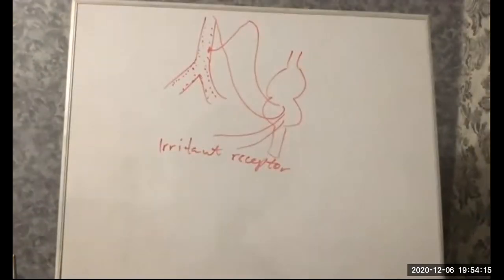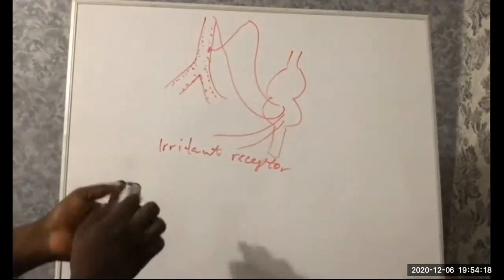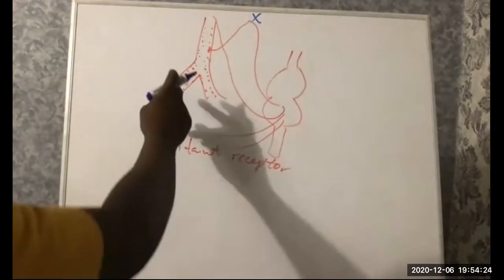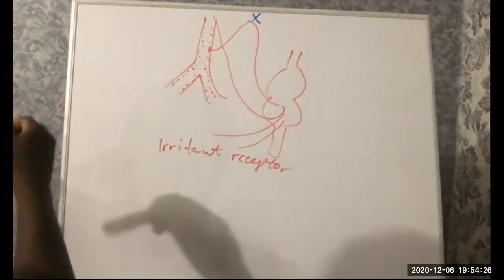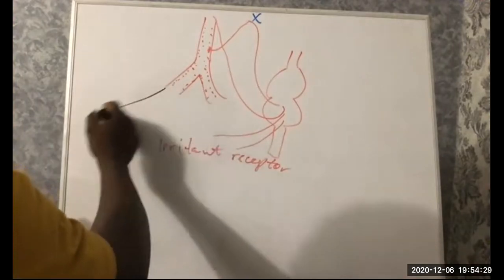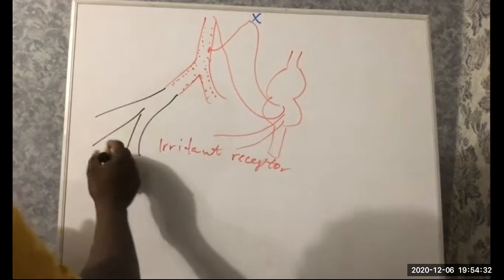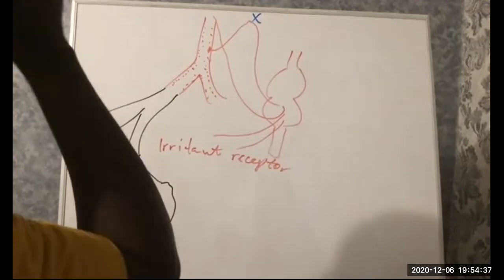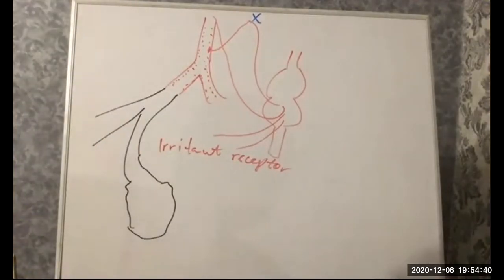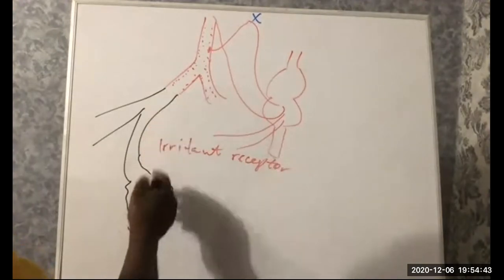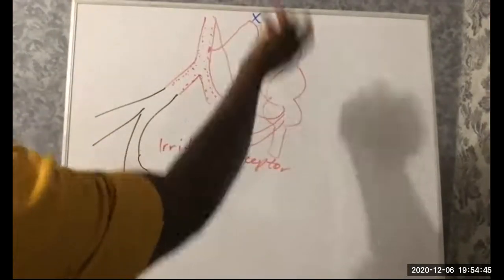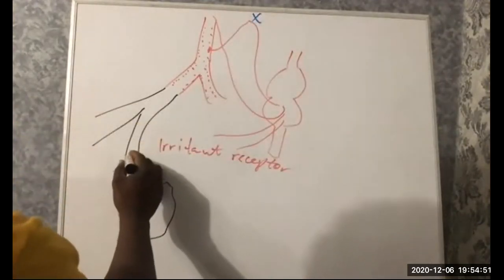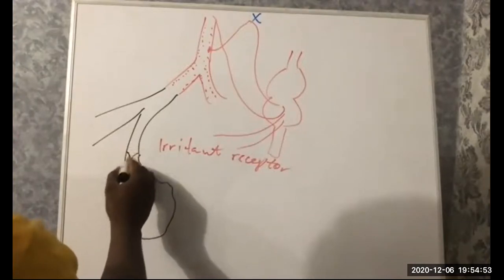Somehow, they are able to stimulate the vagus nerve so much that the bronchus and the bronchioles, which also have receptors for acetylcholine, are stimulated so much that there is overflow of that activation of the vagus nerve, and that will cause bronchoconstriction. Okay?